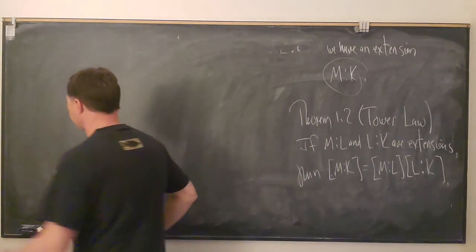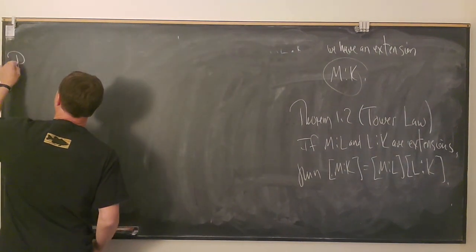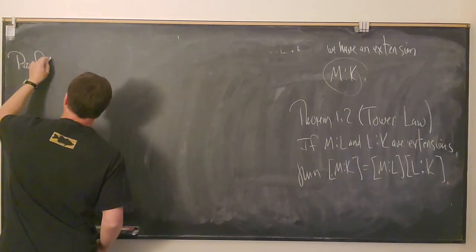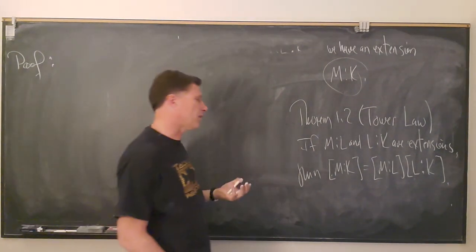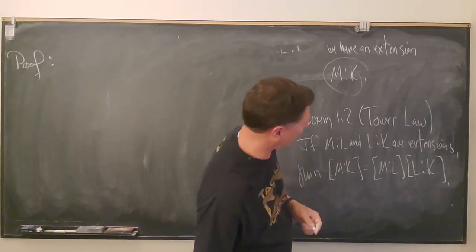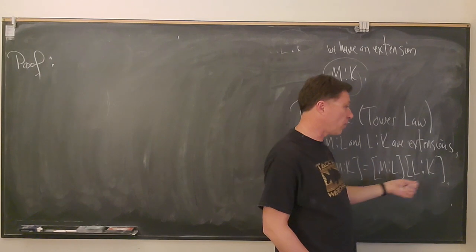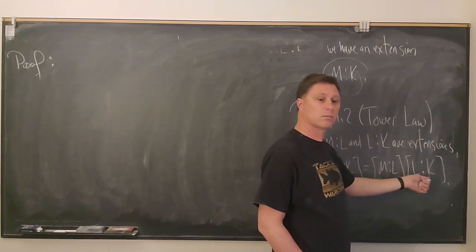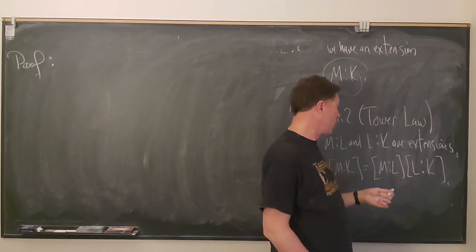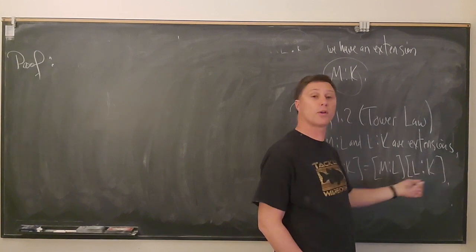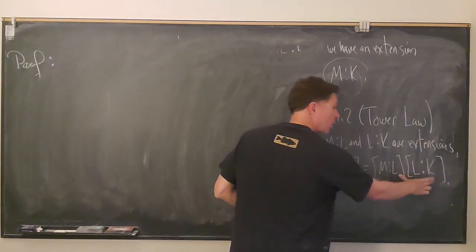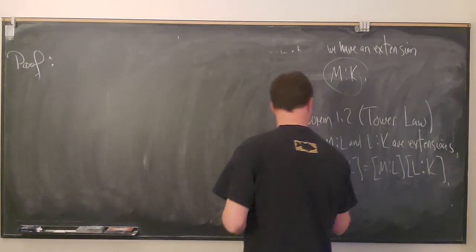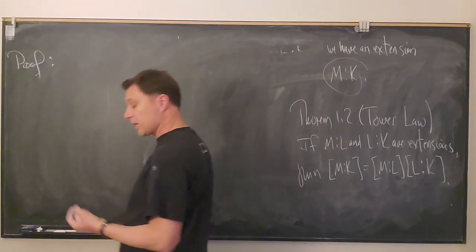We're going to break this into a couple of different cases. The first case is when everything's finite. If both of these are finite, and then we also want to consider the cases where one or the other is infinite, and show that if one or the other of these on the right hand side is infinite, then the degree on the left hand side has to be infinite also.